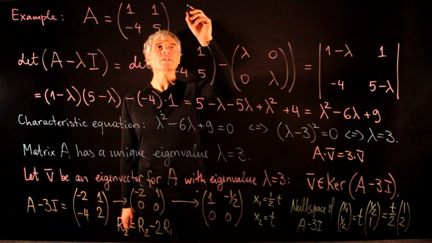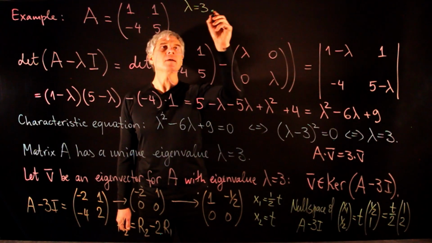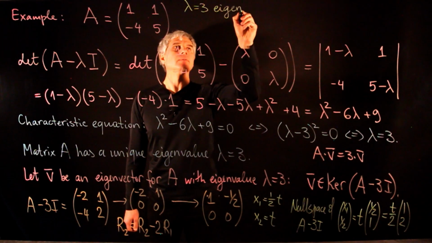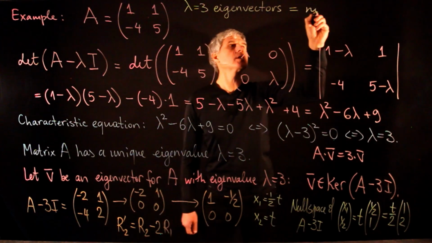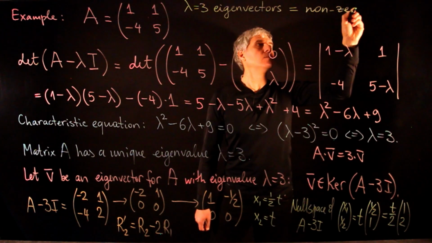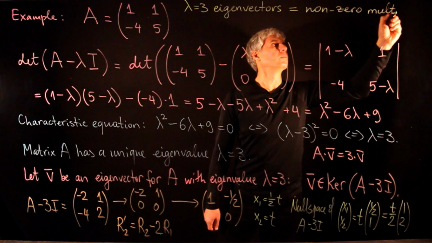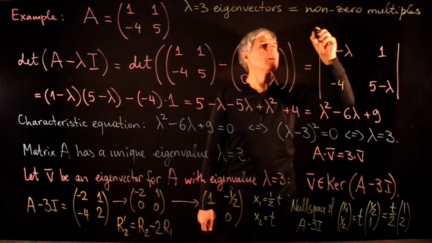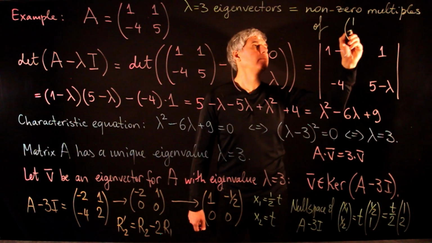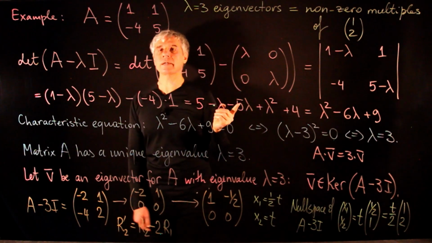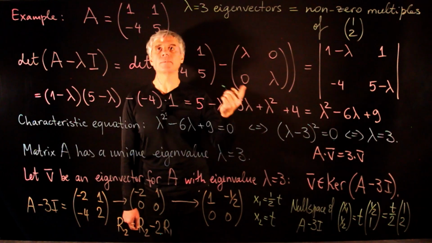And our conclusion is that the lambda equals 3 eigenvectors are non-zero multiples of the vector 1, 2. And this agrees with what we saw earlier.